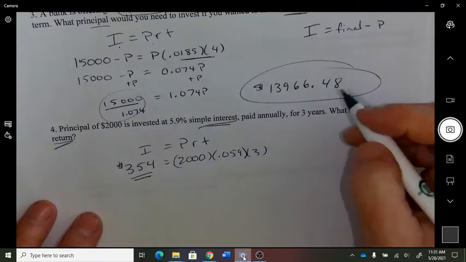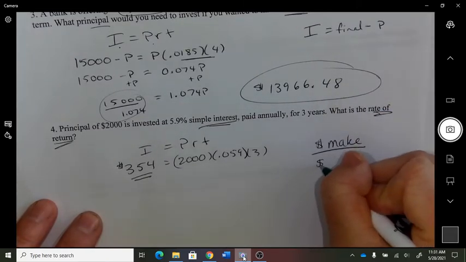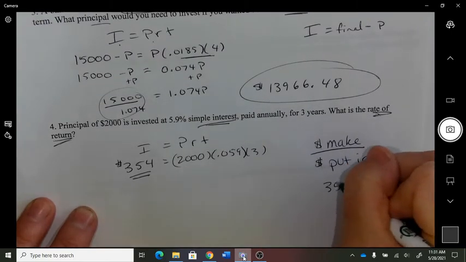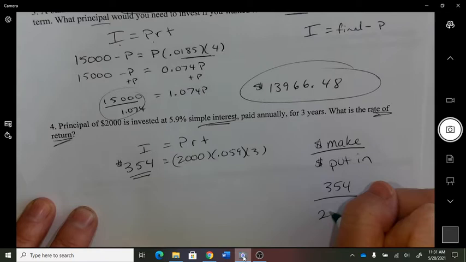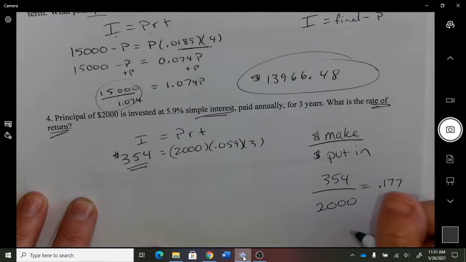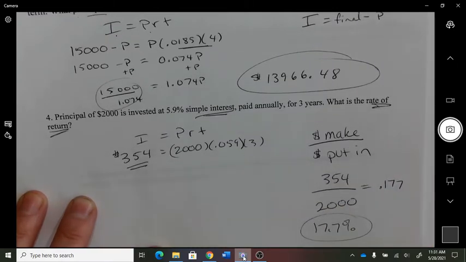How much money did you make divided by the money you put in? So I made 354 and I put in 2,000. So if I divide that, I get 0.177, but I'm going to say it's a 17.7% return on my investment.